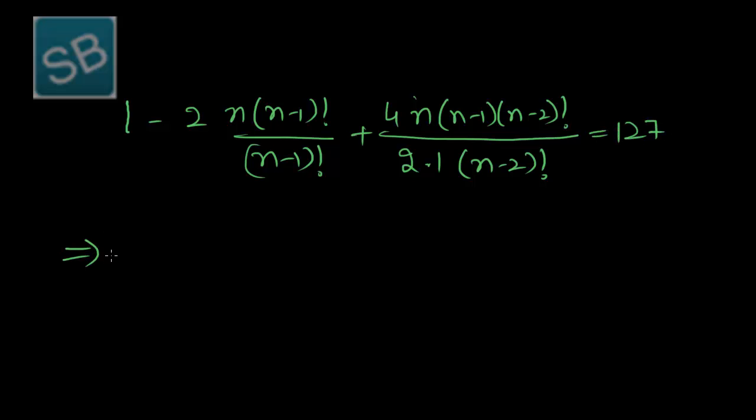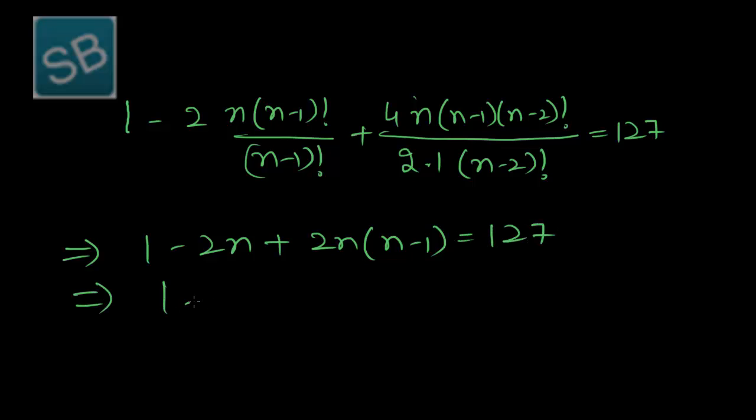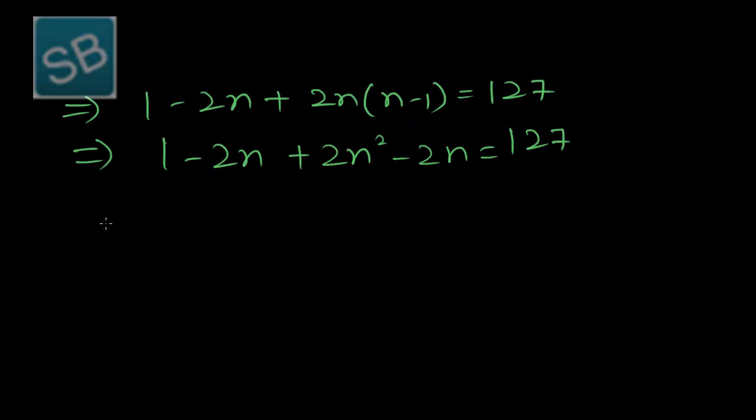So on cancellation of the same factors we get 1 - 2n + 2n(n-1) is equal to 127. So we get 1 - 2n + 2n^2 - 2n is equal to 127. So we get 2n^2 - 4n, that is 1 minus 127 is -126, equal to 0.